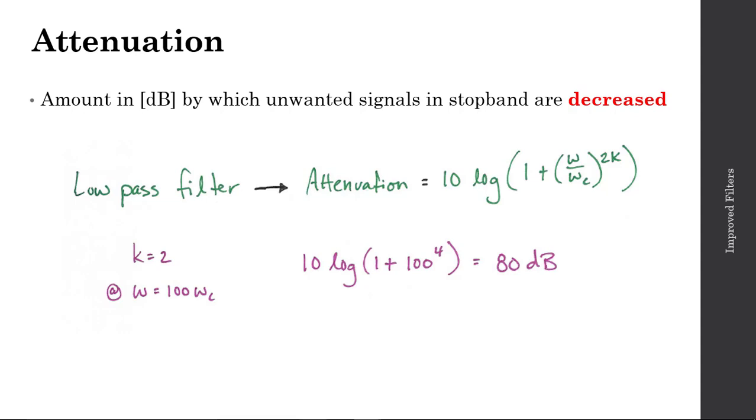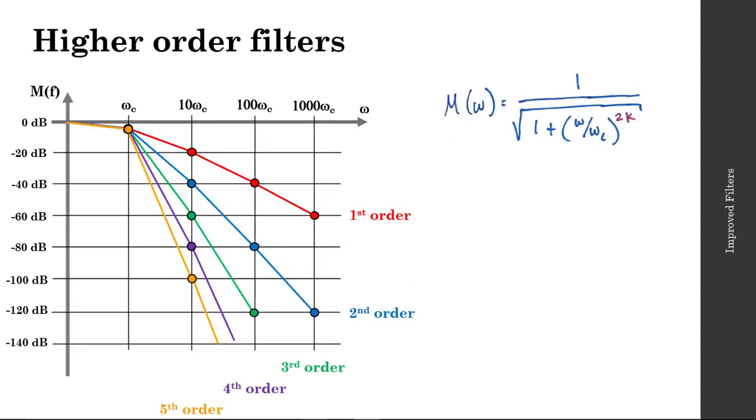of attenuation. We've solved this numerically, and we could also read this information off of our plot from the preceding slide. So at an input frequency of 100 times my cutoff frequency, if I go down to my second order response, I see that I have that minus 80 dB here. So I have 80 dB of attenuation for my second order filter at 100 times the cutoff frequency.